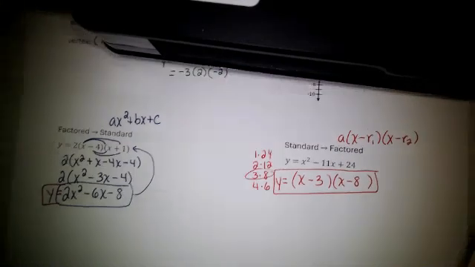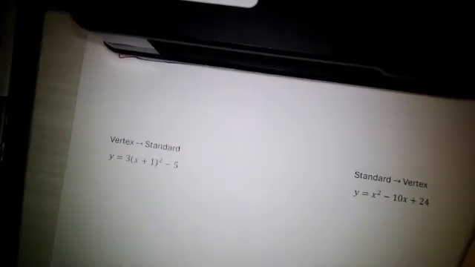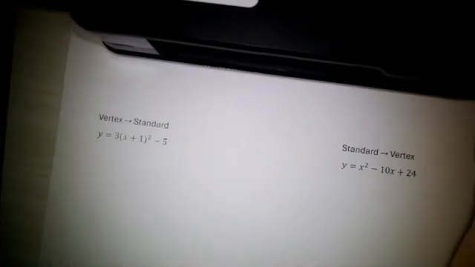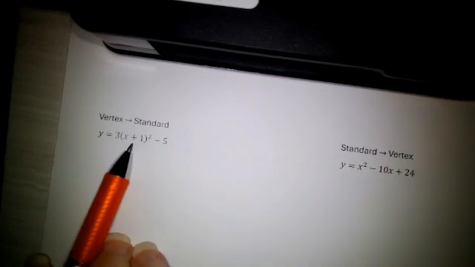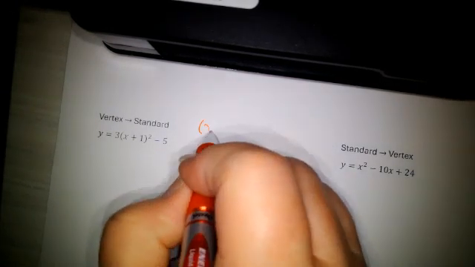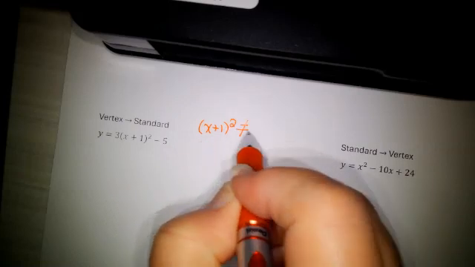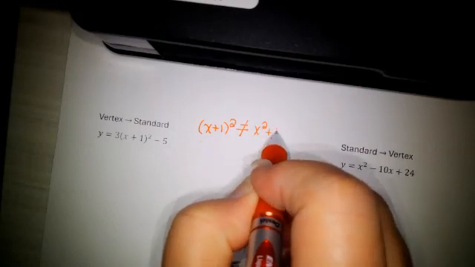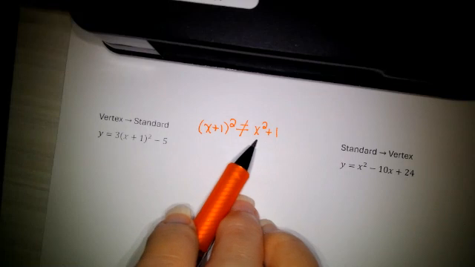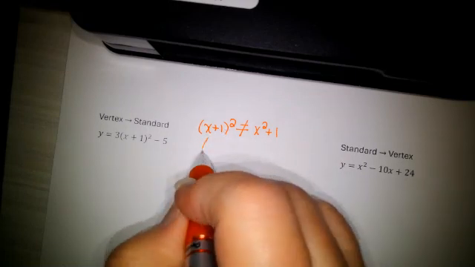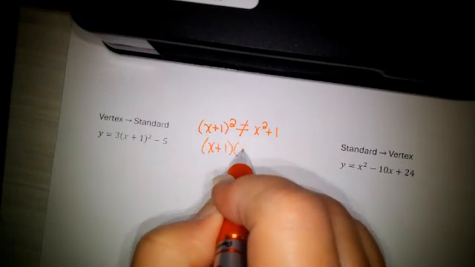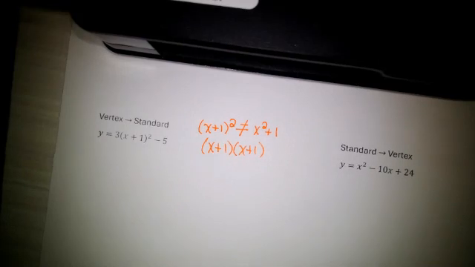Okay, next up, we go from vertex form to standard form. All righty. So this one, I want you to be really careful. x plus 1 squared does not equal x squared plus 1. Please do not do that. x plus 1 squared is actually x plus 1 times x plus 1.